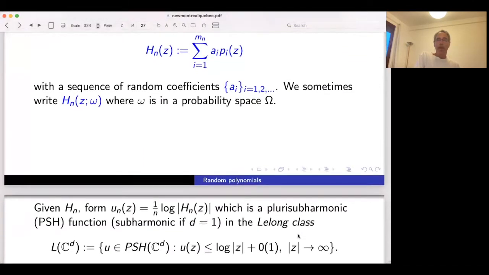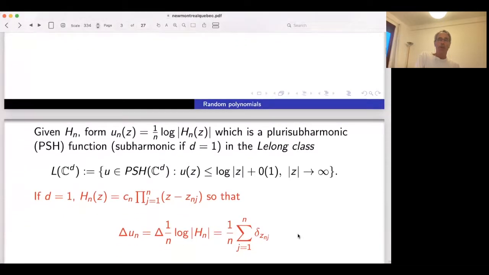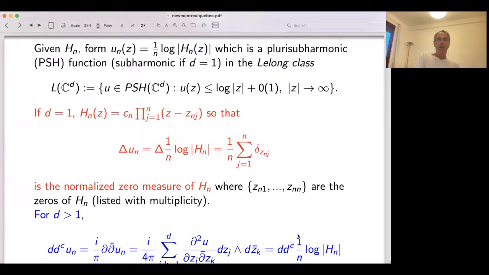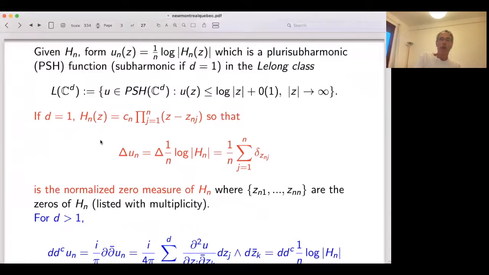Okay. The important thing we're interested in is, if we look at H_n, this random polynomial of degree n, we form this associated plurisubharmonic function, which would be subharmonic in one variable, where we take 1 over n times the log of its modulus. We'll call that function u_n. It's plurisubharmonic in several variables, subharmonic in one variable.